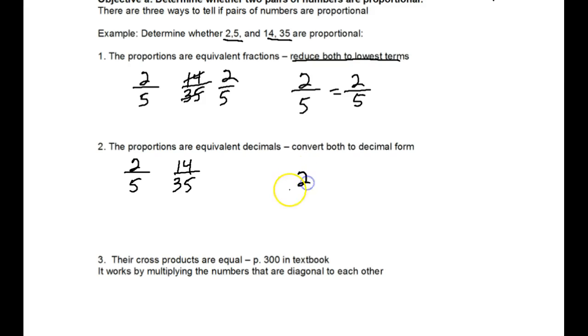So you'd have 2 divided by 5. 5 doesn't go into 2, but if I add a decimal point and a 0, 5 goes into 20 4 times. Same thing with 35 dividing into 14. 35 doesn't divide into 14, but it divides into 140 4 times. So both of these have the decimal equivalent of 0.4, so that means that they're equivalent to each other.